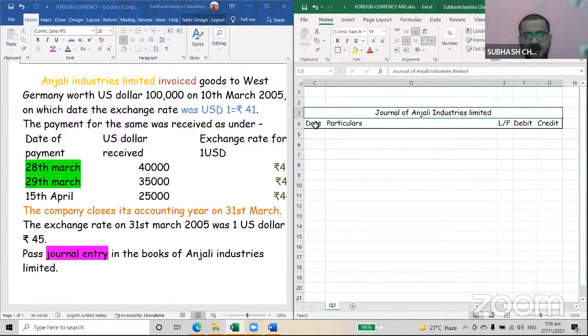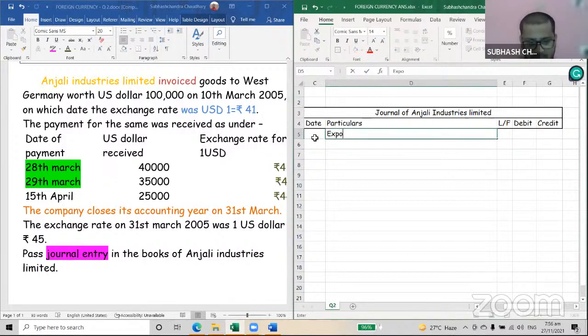Now focus here. First of all, we will record the sale. So what is the date? Here I will write for your understanding: Export of goods.